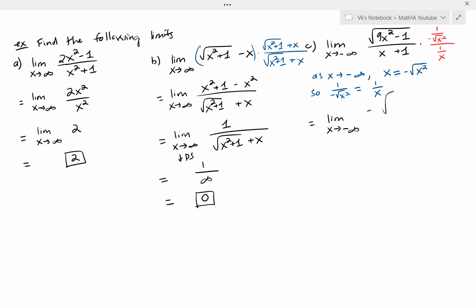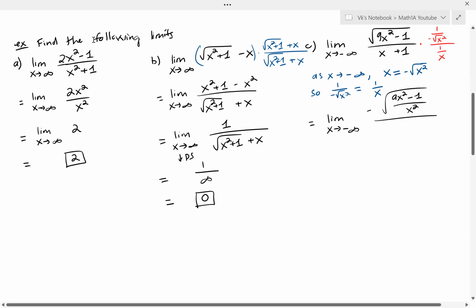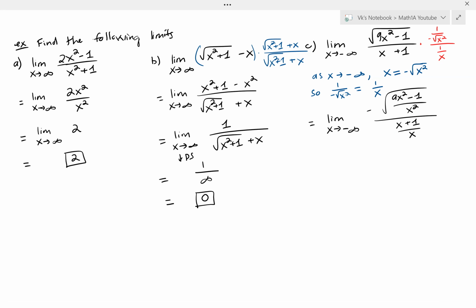We have negative root of (9x squared minus 1) over x squared. Down here is x over x plus 1 over x, or x plus 1 over x. And from here, simplify before taking the limit: negative root of (9 minus 1 over x squared) over (1 plus 1 over x).